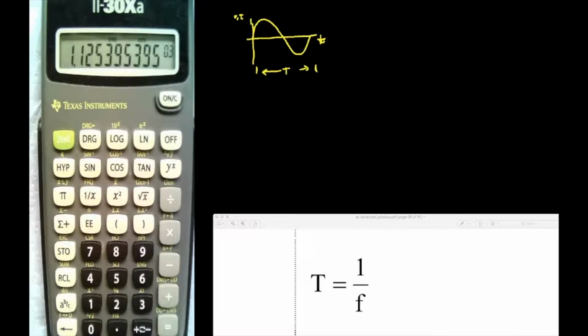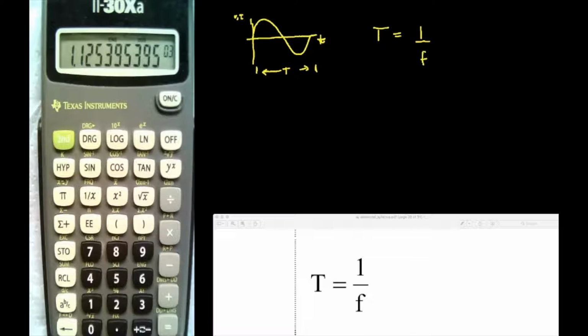Now what they'll be asking you here is they'll either give you the period or they'll give you the frequency, and you need to find out the corresponding value. So it's useful here to be able to change the subject of the formula. T equals 1 over f.